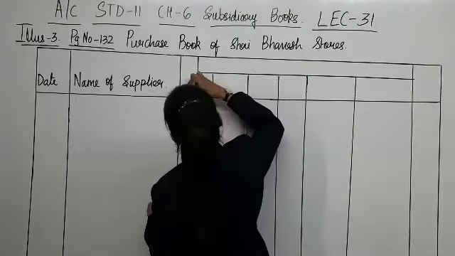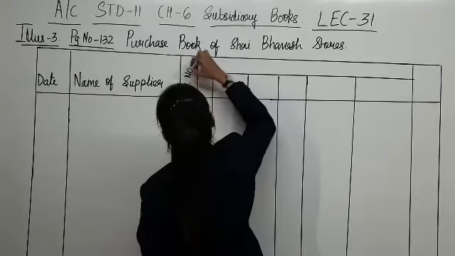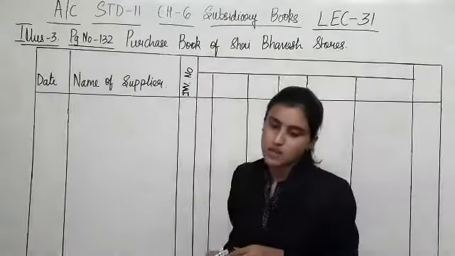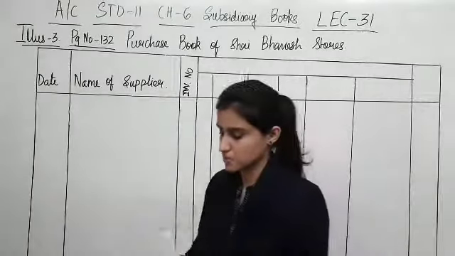Then invoice number, this is the bill number. The next one that you have is LF number, ledger folio number.